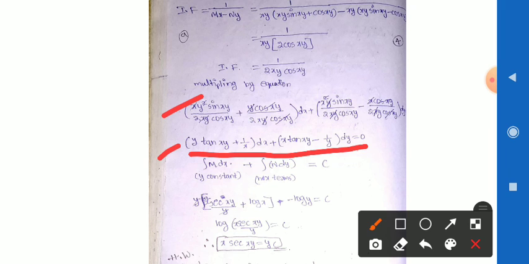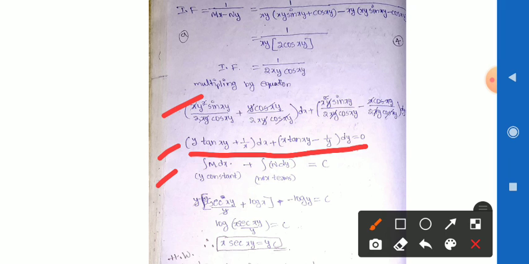For this exact differential equation we have a general solution. The general solution formula is integration of M dx treating y as a constant, plus integration of the terms of N1 that do not contain x, dy, is equal to c.